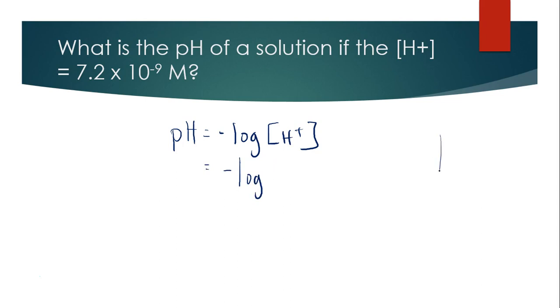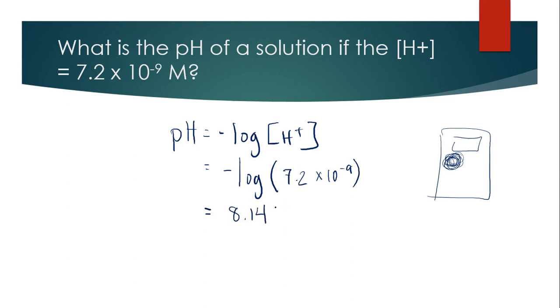The log button on your calculator is usually up in the upper left-hand corner of the keys on graphing calculators and on scientific calculators. It's the negative log of 7.2 times 10 to the negative 9th. Now, take a moment to put that in your calculator and make sure that you get what I'm going to put on my screen here.